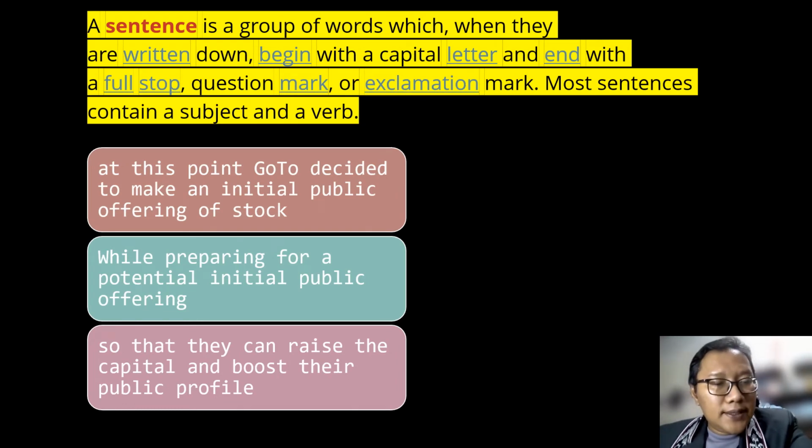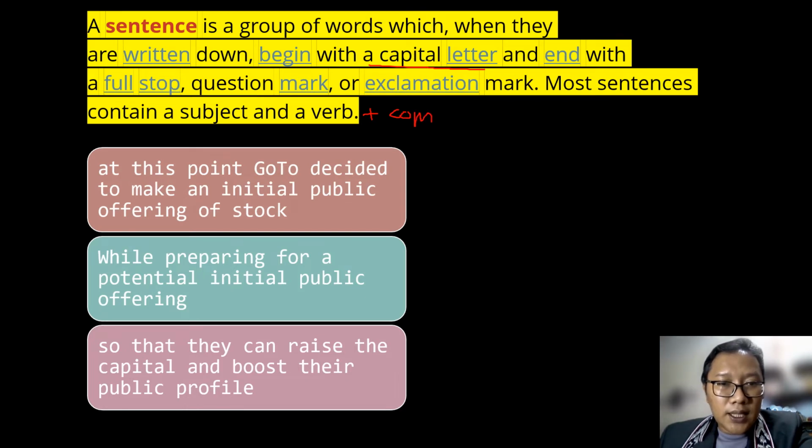So a sentence is a group of words which, when they're written down, begin with a capital letter and end with a full stop, question mark, or exclamation mark. If we write them down. Most sentences contain a subject and a verb, plus what we call a complete thought.